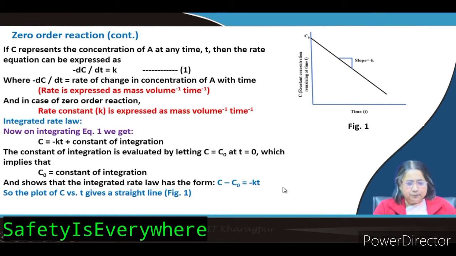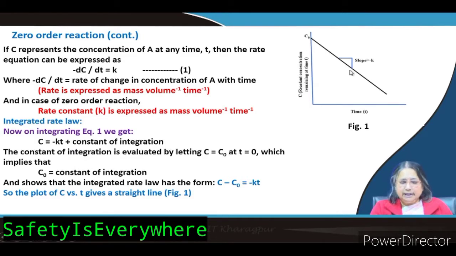Okay. So, if we plot C versus t, how will the curve look? If we plot t on the x axis and C on the y axis, because it is the reactant concentration, it will be with a negative slope.